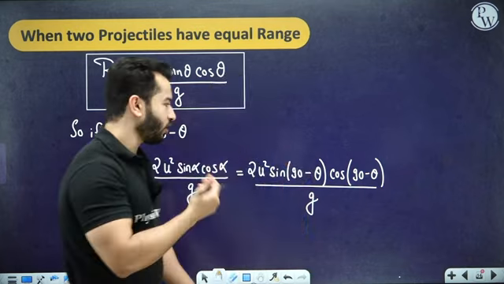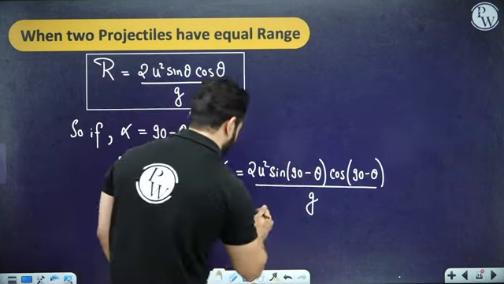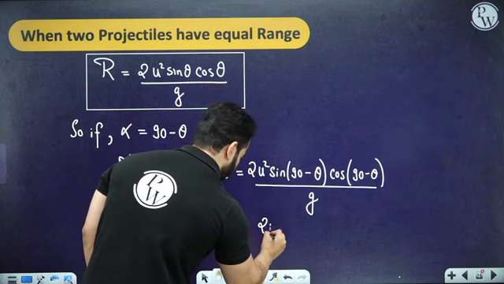Sine of 90 minus theta is cos theta, and cos of 90 minus theta is sine theta, the complementary functions. So it would remain the same.